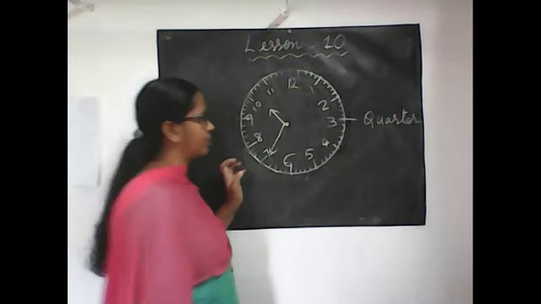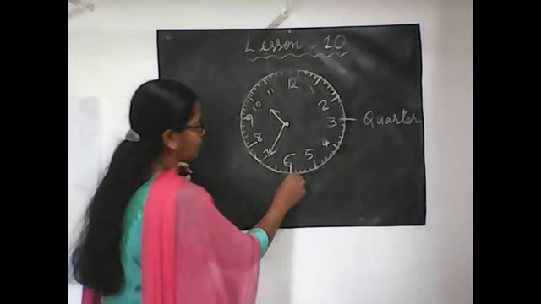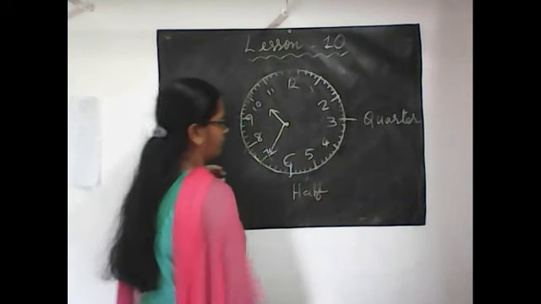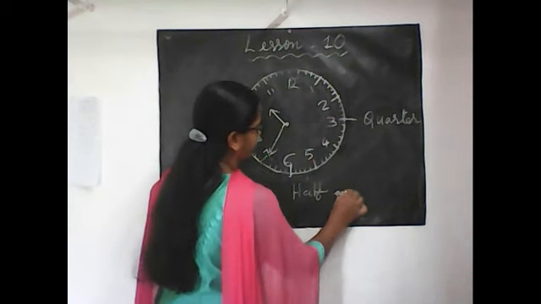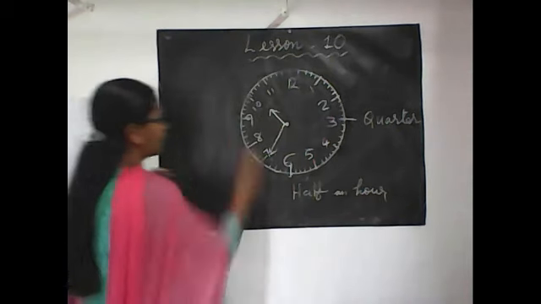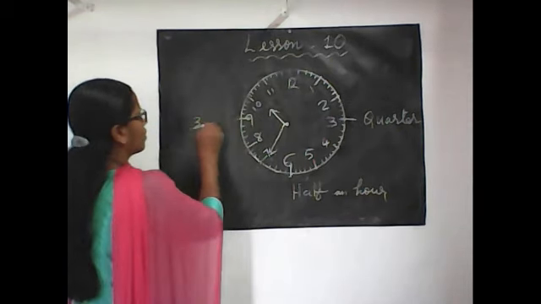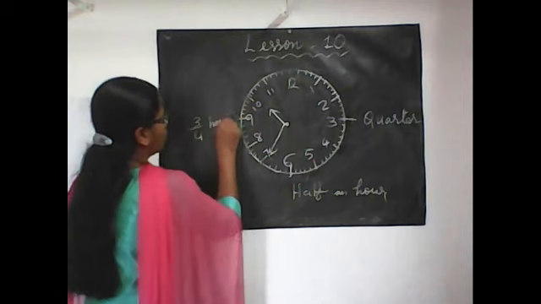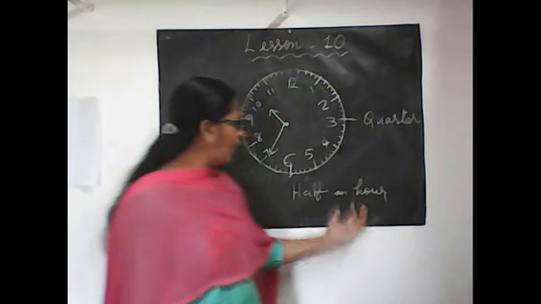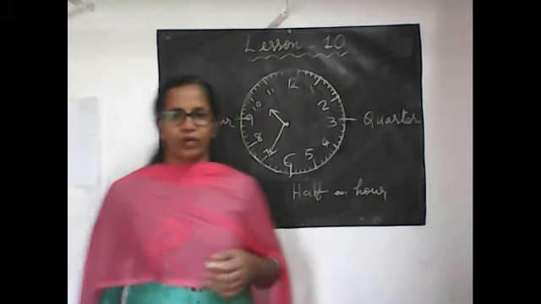When it is up to 3, that is 15 minutes, we say it is quarter. When it is up to 6, we say it is half an hour. When it reaches 9, it is 3/4 hour. That we don't use much. So when you tell the time, we say quarter, half an hour, but we don't say 3/4 hour.